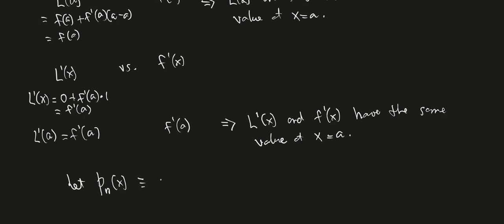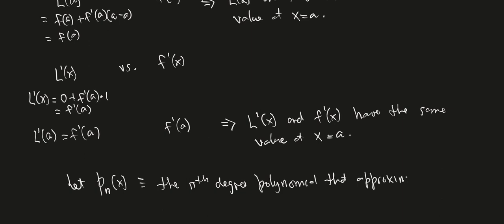So let P sub n, and I don't need to write the "be", that's what those three lines mean, is defined by, the nth degree polynomial that approximates f of x at x equals a.